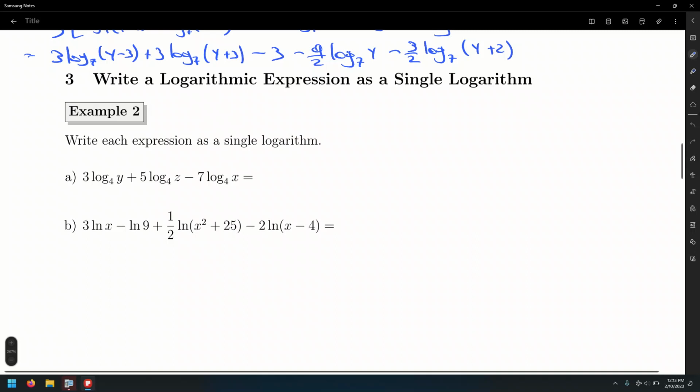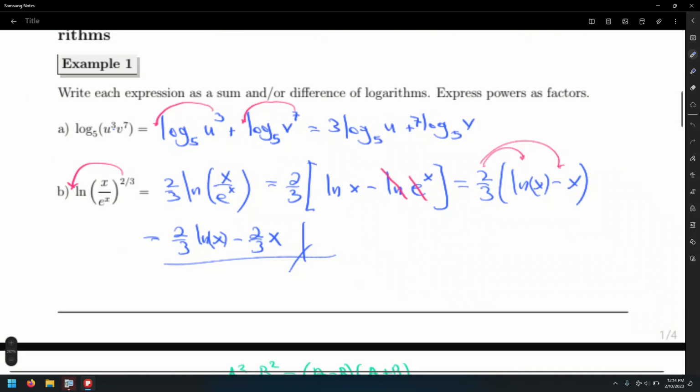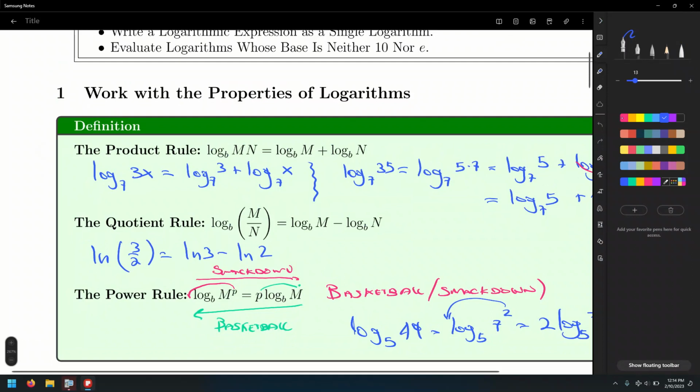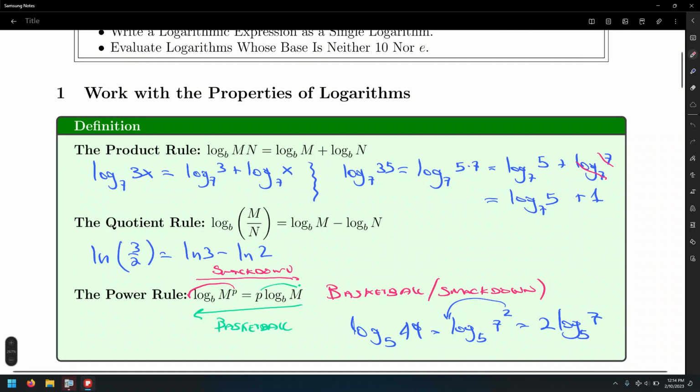Letter A. That's 3 log base 4 of y plus 5 log base 4 of z minus 7 log base 4 of x. Well, first things first, in order to use the product rule and the quotient rule, let me go back to the first page of this. Notice in these properties how we have ones as coefficients.